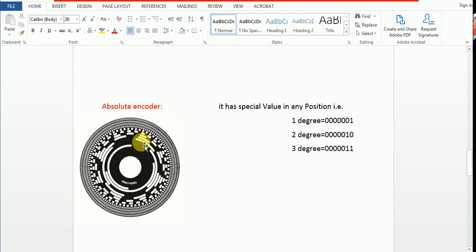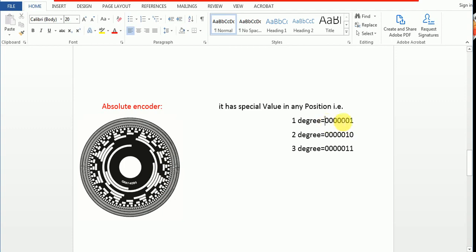Every LED will pass one light, and in this way every position will give a specific value. Like 1 degree will have 00001, 2 degrees will have 00010, 3 degrees will have 00011. Every degree will have a specific pattern.